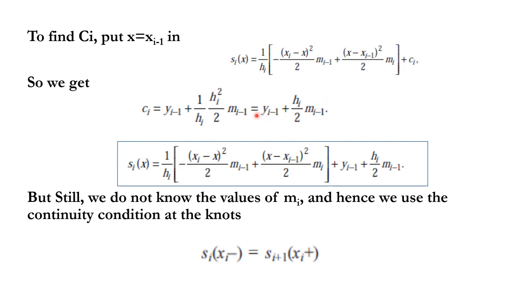So that is yi minus 1 plus hi by 2 into mi minus 1.